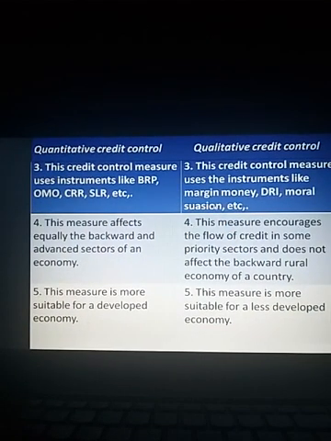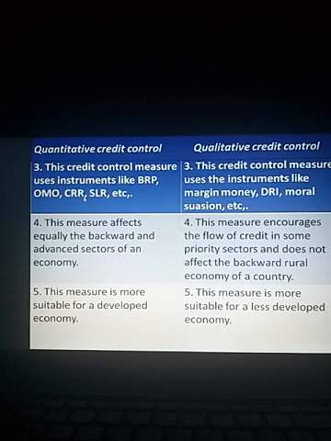In point 3, quantitative credit control measure uses instruments like bank rate policy, open market operations, cash reserve ratio, statutory liquidity ratio. Remember, both these CRR and SLR put together, we call it VRR, that is varying reserve ratio.